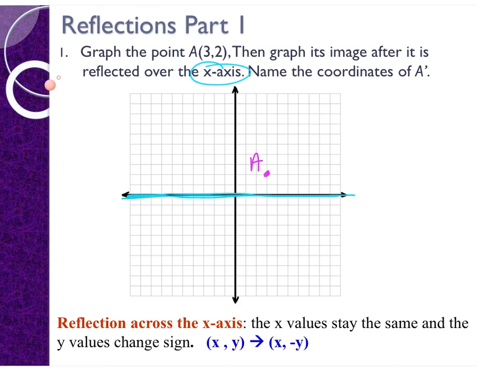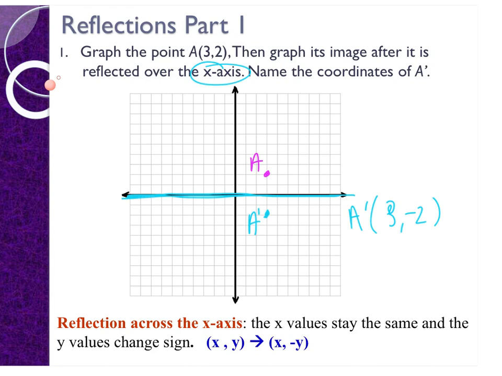Now notice that my A point is 2 above my x-axis, so my A prime is going to be 2 below my x-axis. My coordinates for A prime will be 3, negative 2.